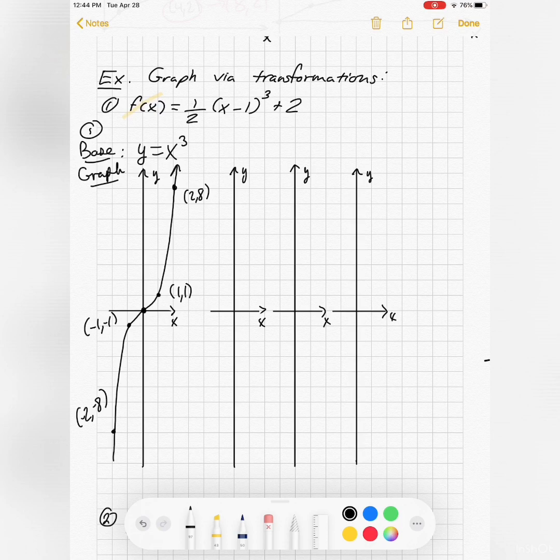Something like that. There we go. So there's my parent function, my y equals x cubed.